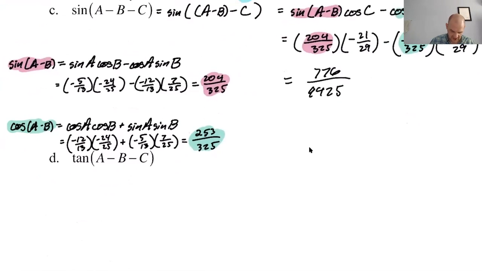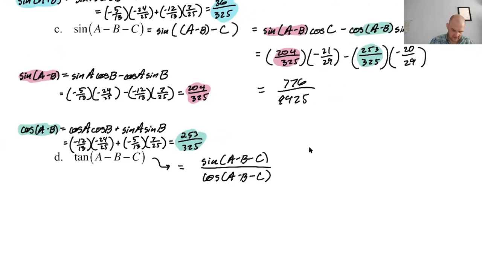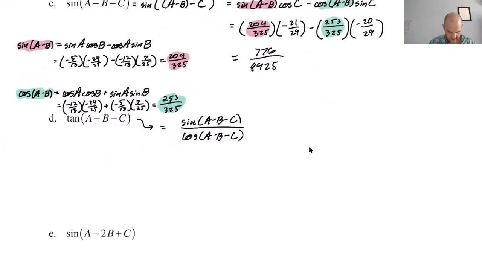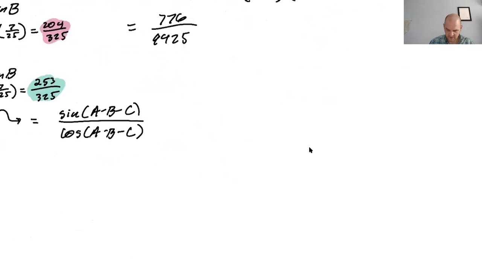So I'm really going to change the problem and do the sine of a minus b minus c over the cosine of a minus b minus c, which means I need to find that, but I would rather do that than all of the tangent things that are involved, because they're really annoying to write, I guess. So I'm going to find the cosine of a minus b minus c.